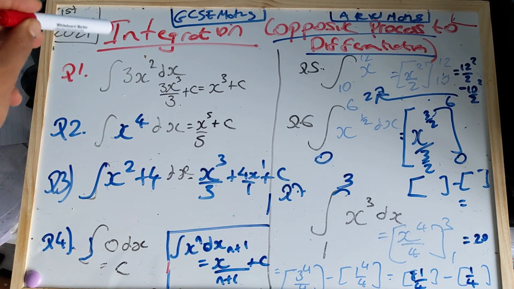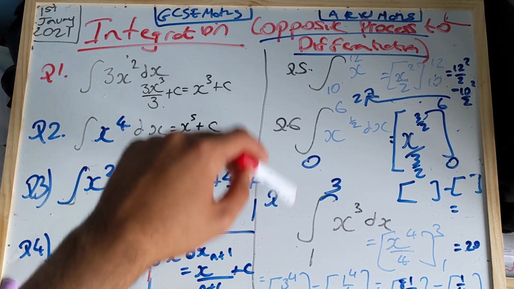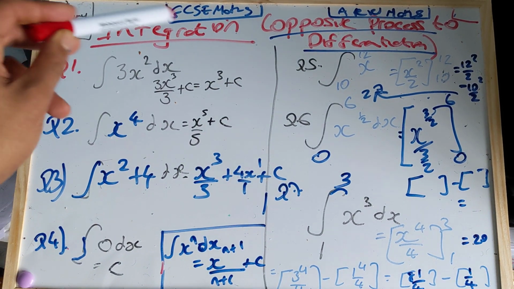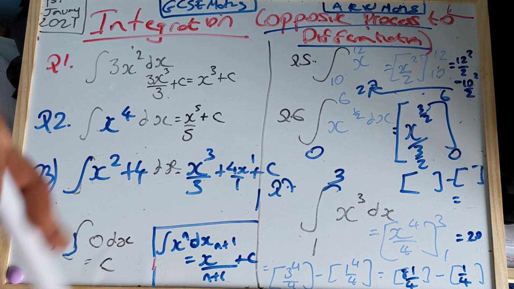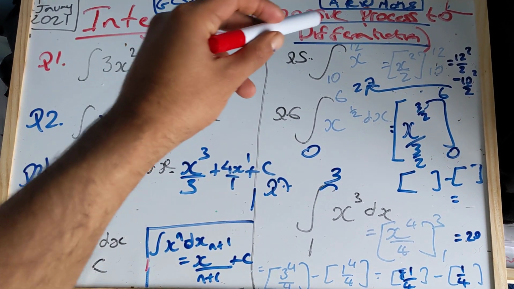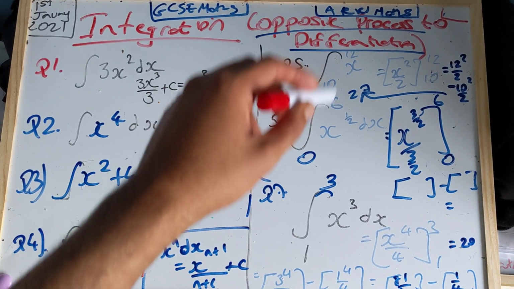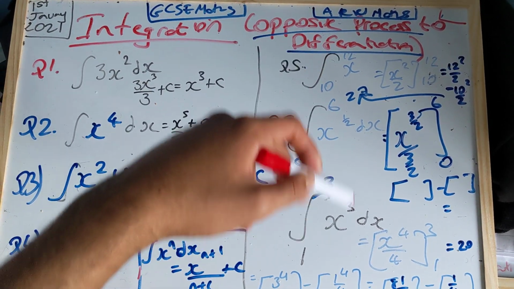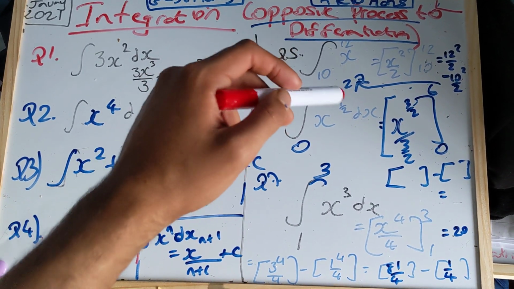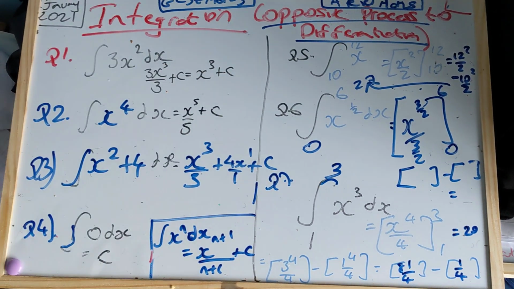Now, these are all indefinite integrals and these are all definite integrals. What that means is, if it's indefinite, I've always got to put on this plus c at the end, the integration constant. And if it has limits, then there's no plus c. When it has limits, that is the exact purpose of finding the area under those particular points on a graph.